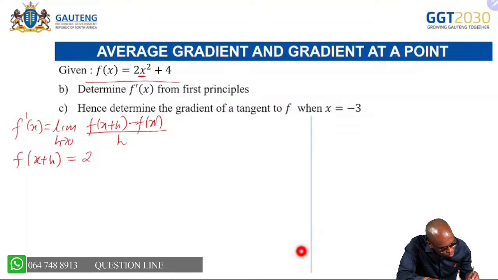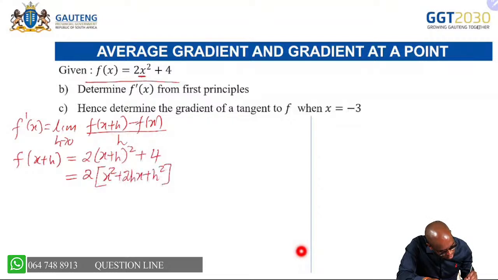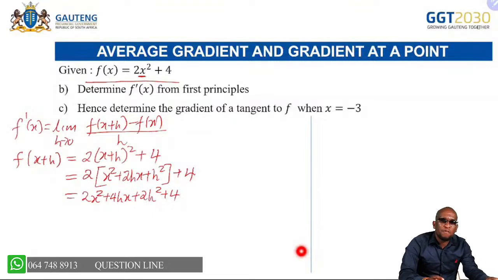So this is 2 into x plus h squared plus 4. This would be 2 into x squared plus 2hx plus h squared plus 4. So this would be 2x squared plus 4hx plus 2h squared plus 4.